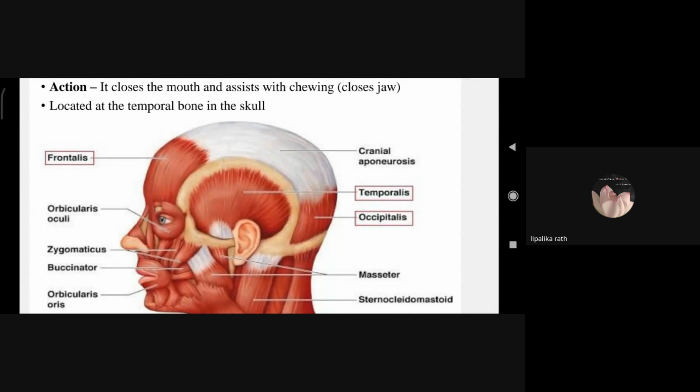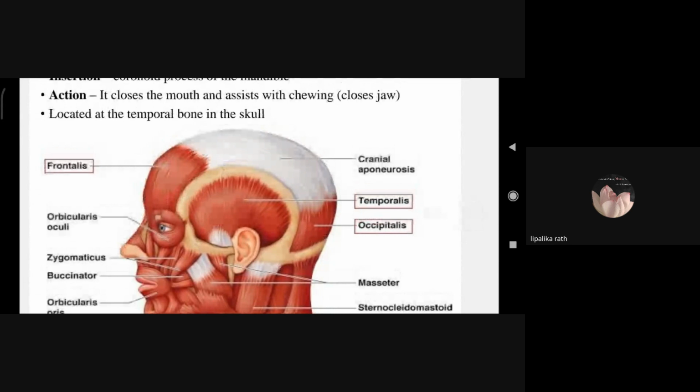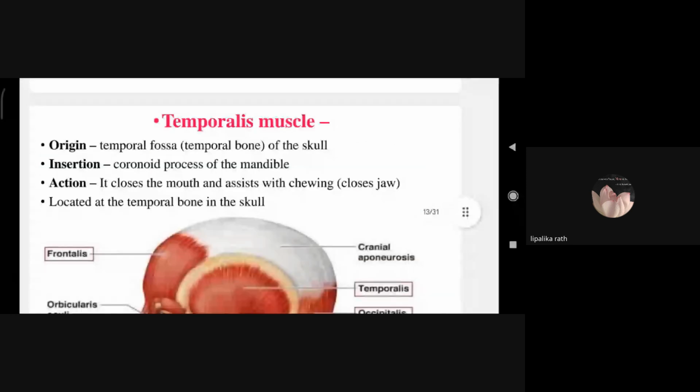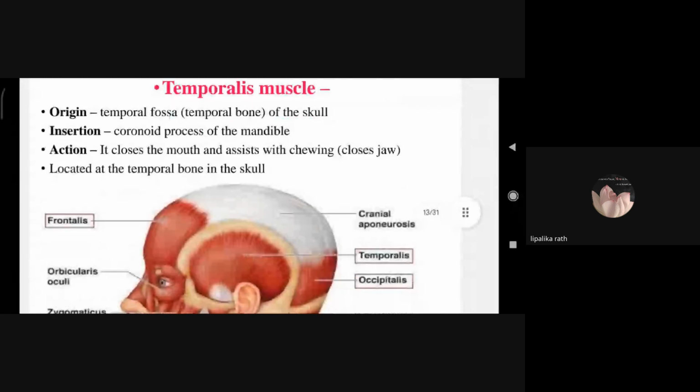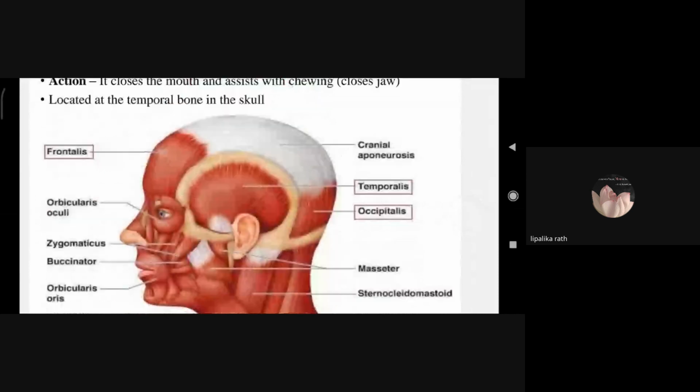Now this temporalis muscle is covering the temporal bone. Here you can see clearly how temporalis muscle is covering the temporal bone. Now, the origin of temporalis muscle is the temporal fossa or temporal bone, and insertion is the coronoid process of the mandible.